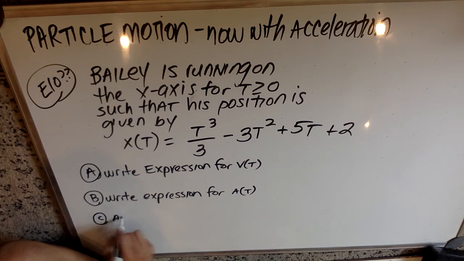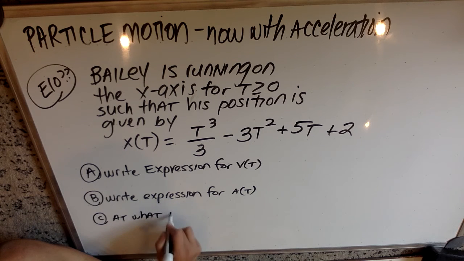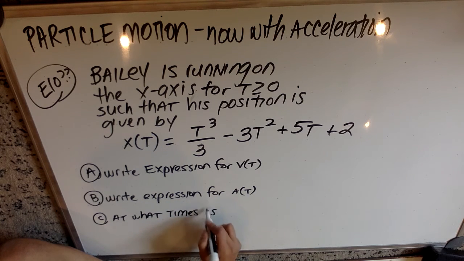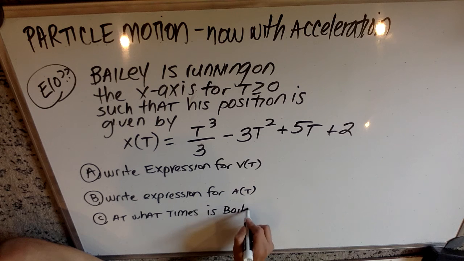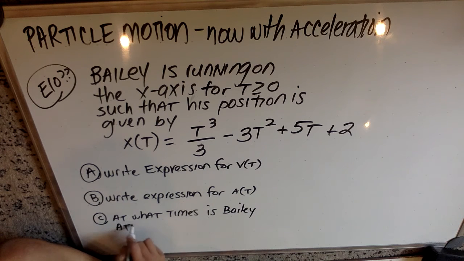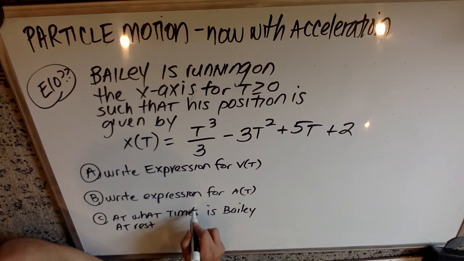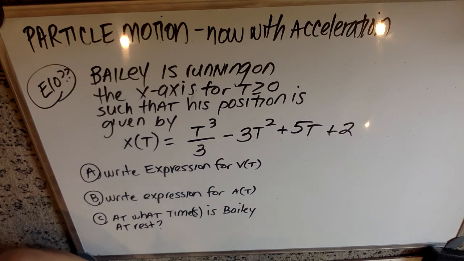C, at what times is Bailey at rest? I'll put times in parentheses because that means there could be one answer or there could be many. Cool. We'll start there. We have other things to do with this eventually, but we'll start there.